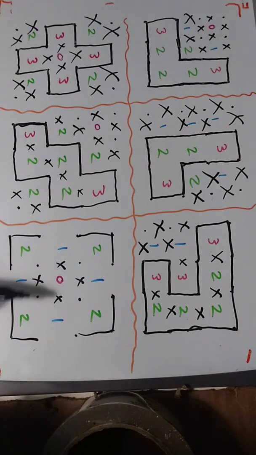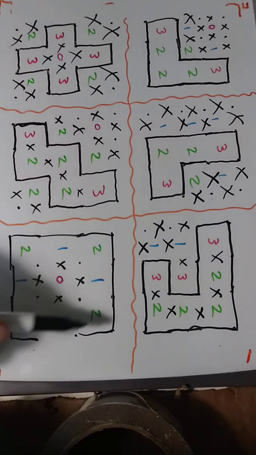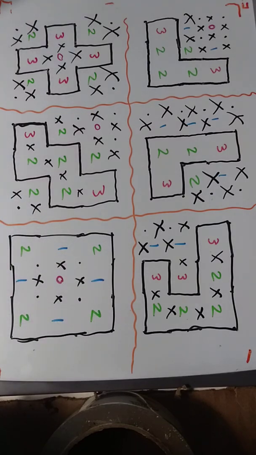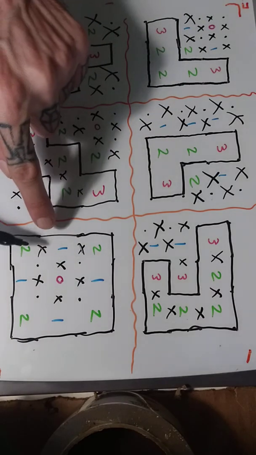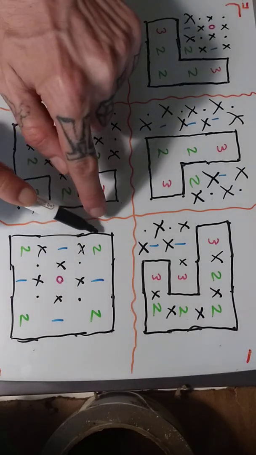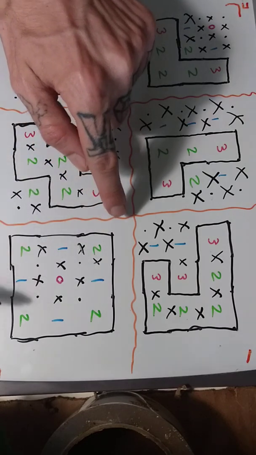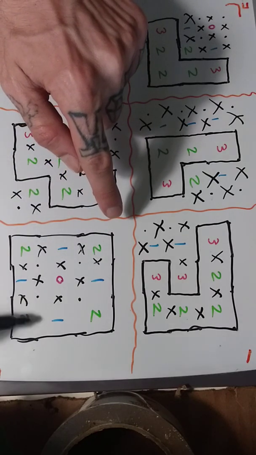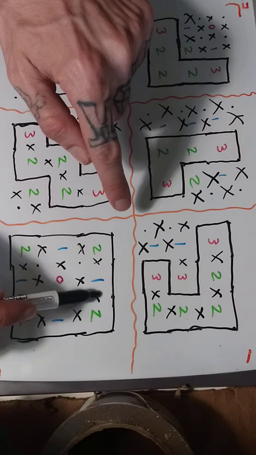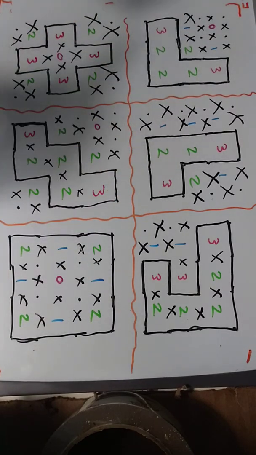Corner, then 1, so maybe this is a square. No line there because we have our 1. We have 1, 2 lines around there, we don't need 1 there. So that leaves us with a square for our final loop.